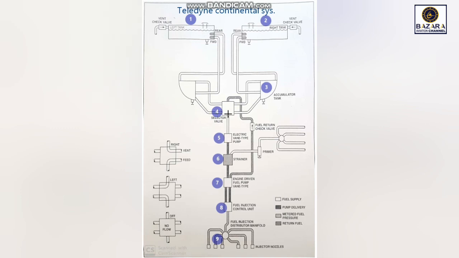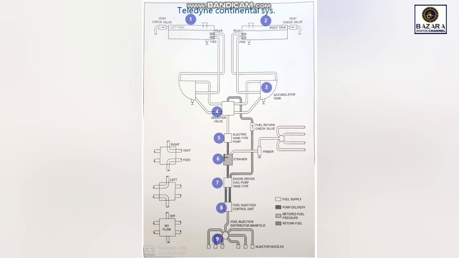After it goes from the selector valve, the fuel will arrive at the electric vane pump. The electric vane pump is used to supply the fuel to the engine the first time. After the engine runs, the electric vane pump will turn off and the engine driven pump will turn on.